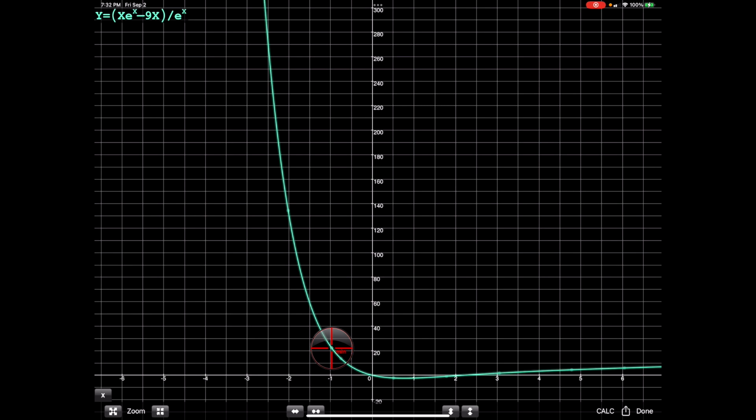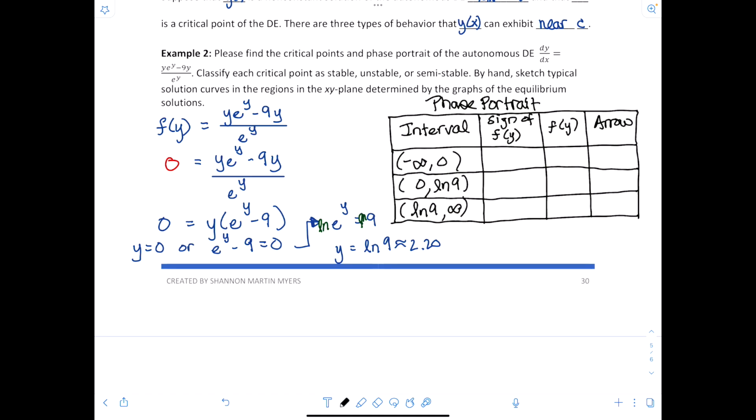I actually graphed this in terms of x, so it's going to look not quite right. But it turns out that between 0 and natural log of 9, it's going to be negative, and then the other intervals will be positive. This is what we have.